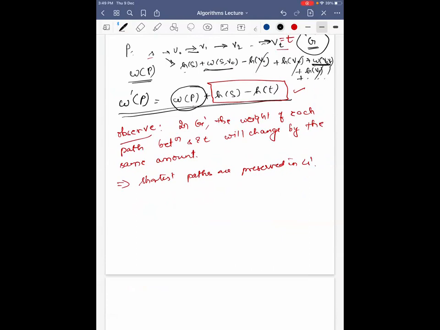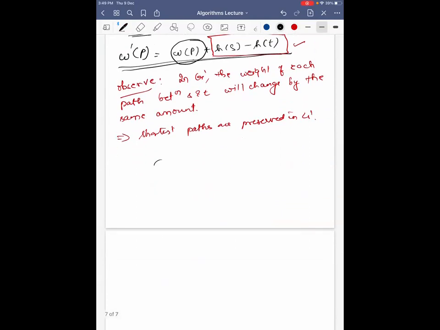So now in G dash, if only I had non-negative edge weights, then I would be done, right? Simply running Dijkstra's algorithm from every vertex would get me through, right? Yes or no? Yes. Okay.